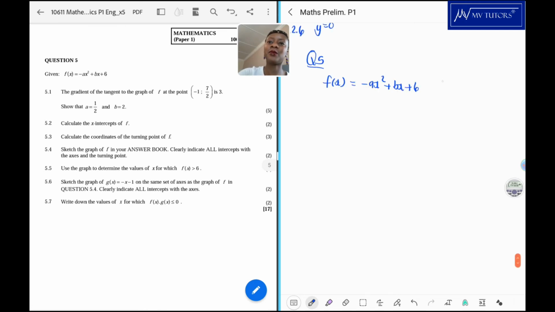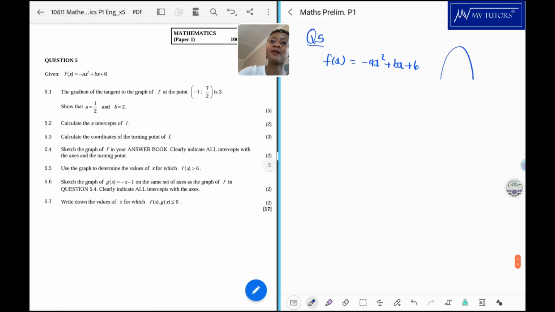So we have a negative, a sad face parabola. Now they say the gradient of the tangent to the graph of f at the point -1 and 7 over 2 is actually 3.